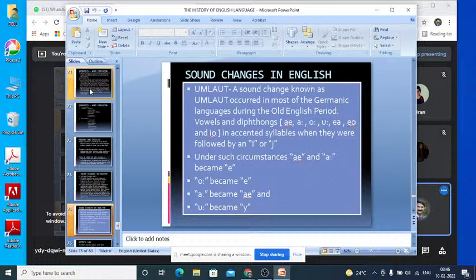Umlaut is about the vowel sounds. Grimm's law and Verner's law are about the similarities and differences in the Indo-European family of languages, but umlaut is about the different vowel quality in the Indo-European family of languages.